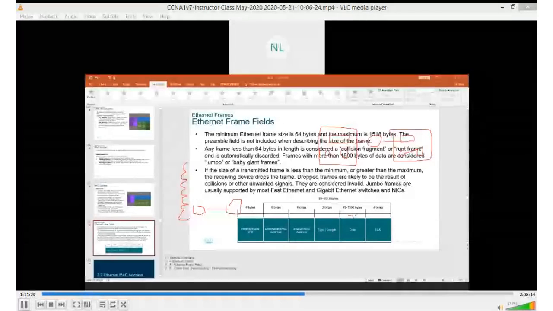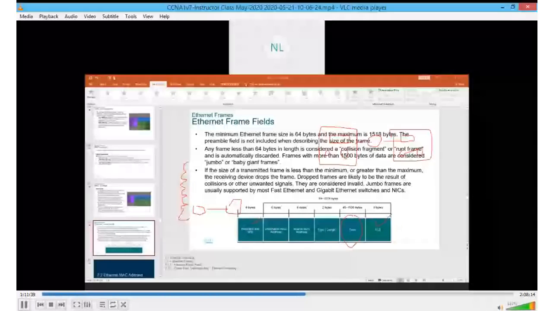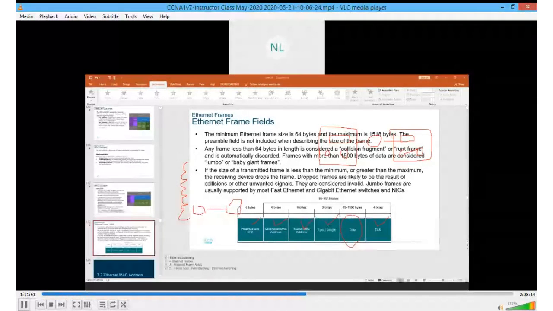The original packet that comes from the network layer is the data. But it's going to add a preamble, where it starts and where it stops, a frame check sequence for error, the type of the information and the length, whether it's ARP or IP. Then the destination MAC address, where it's going to, and the source MAC address, where it's coming from. So this is the format of a frame. This is the format that the data link layer changes it into.